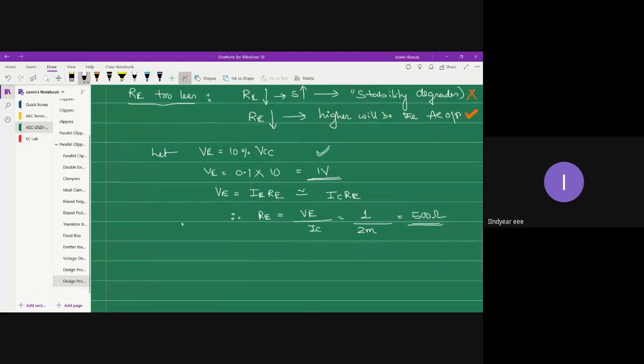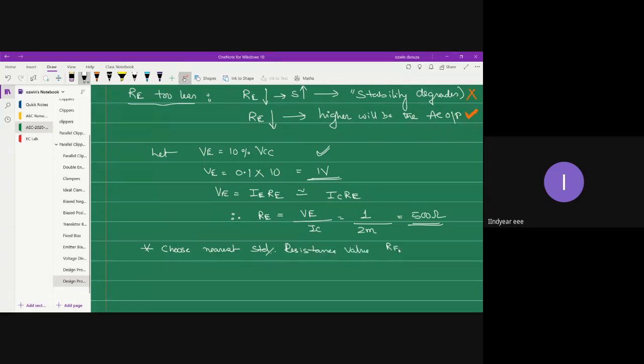Now, there is no standard 500 ohm resistance. That means to say, if you go to any electronic shop and ask for a 500 ohm resistance, he may say, I don't have a 500 ohm resistance. So what you have to do is choose the nearest standard resistance value.